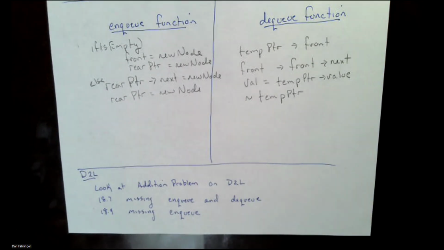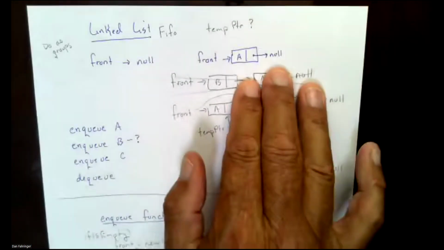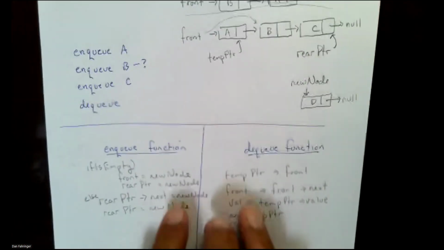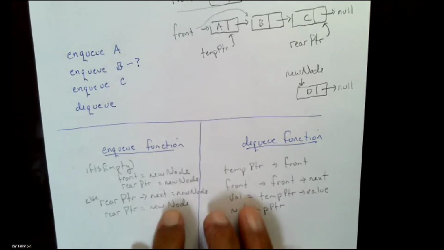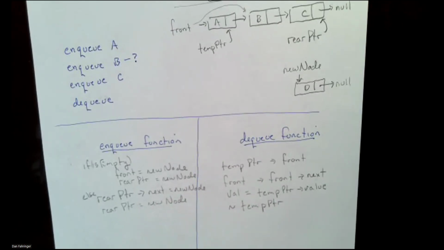So what I want you to do for the rest of class is go get 18.7 and load it up. I don't know where you might find NQ or DQ or some notes on it. Well, that's what we kind of just did in class. So we looked at the picture. We got a bunch of code out of it. Now we want to see if those codes are actually going to work.